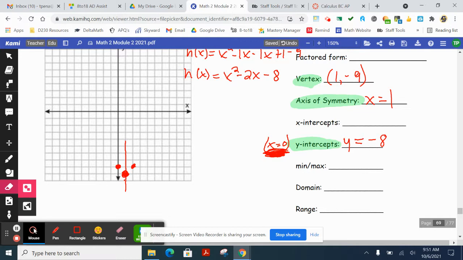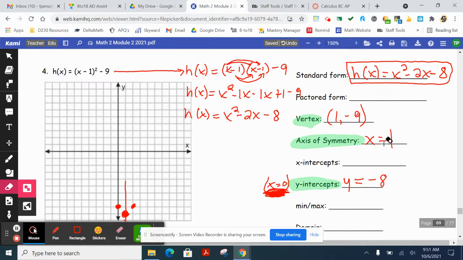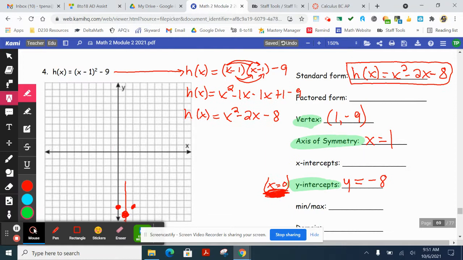All right, and then finally, factored form. This is what we've been doing most recently. Factored form is taking this standard form equation right here and factoring it. So factor this for me. How would this factor?